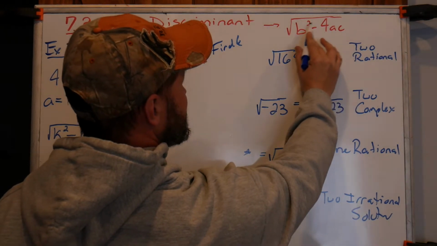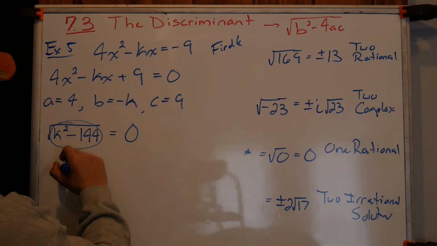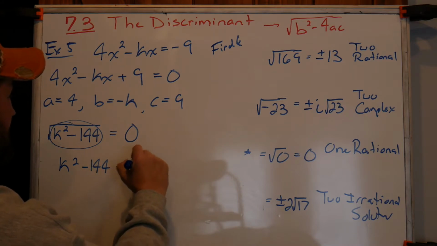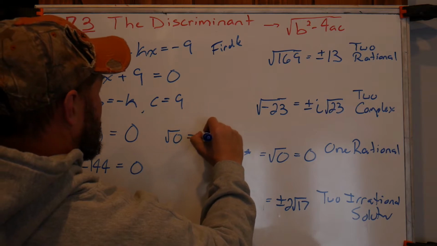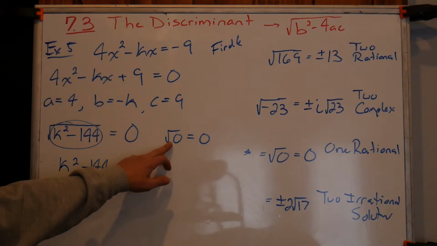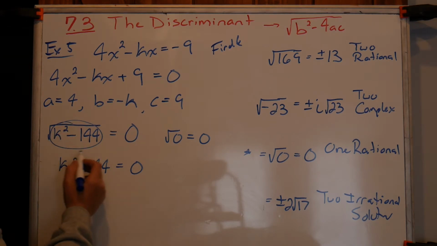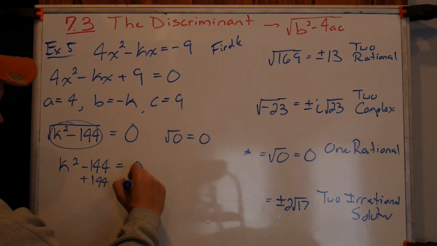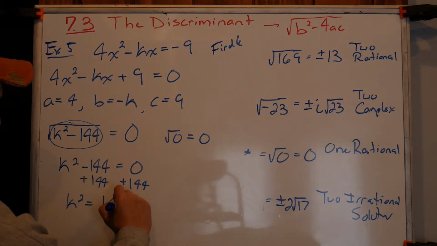The discriminant is inside here. We need to know, when does this piece equal 0? Because the square root of 0 equals 0. So I need to find out how to make that equal 0. So what I can do is pull this piece out, set it equal to 0. I add 144. I have k squared equals 144.